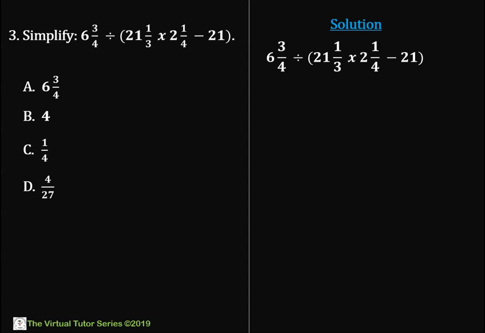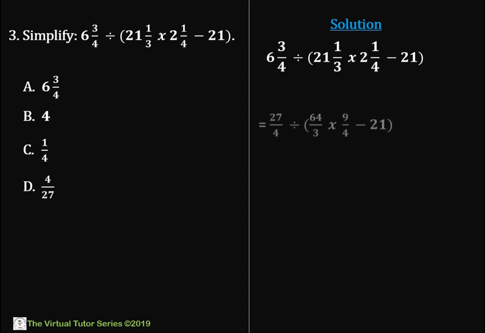4 times 6 is 24, and 24 plus 3 is 27, and that gives us 27/4. We also have 3 times 21 to be 63, and 63 plus 1 to be 64, giving us 64/3. Finally, we have 4 times 2 to be 8, and 8 plus 1 to be 9, which makes 9/4.